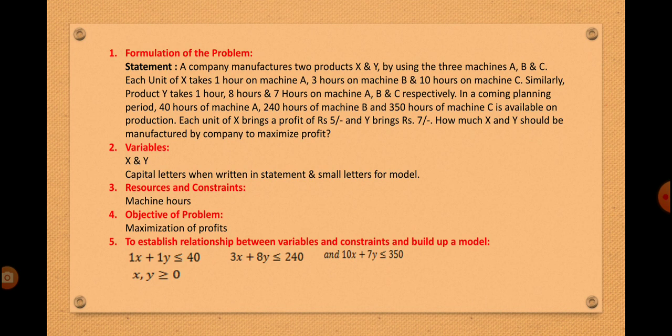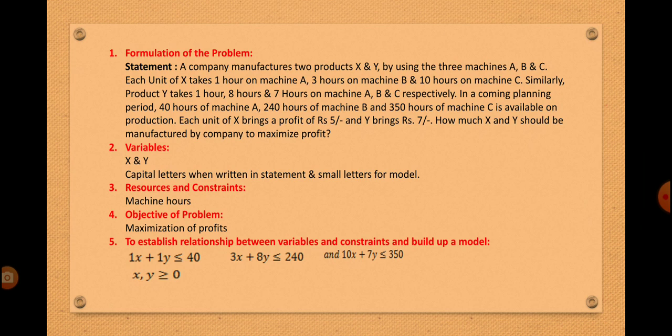The statement must include a precise description of the goals or objectives of the study, and he must also identify the controllable and uncontrollable variables and restrictions of the problem.